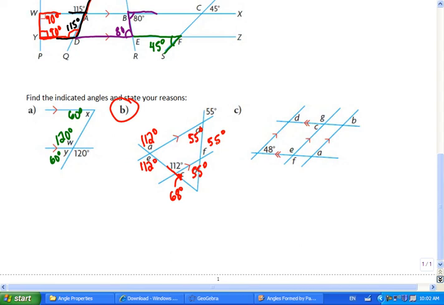All right, so who would like to contribute here for these letters? A through G. Okay, Paul? That is correct. D is 48 because it is corresponding with this angle here. Okay, what else could we come up with?